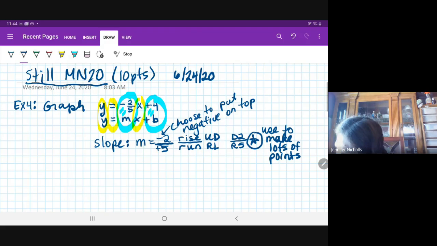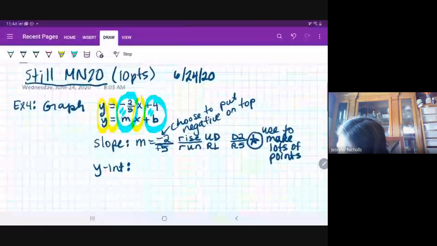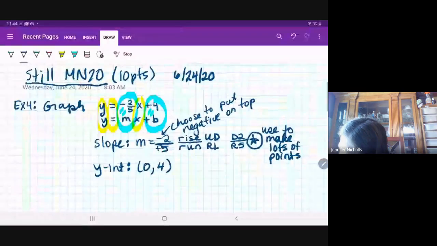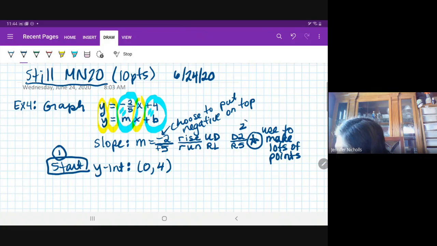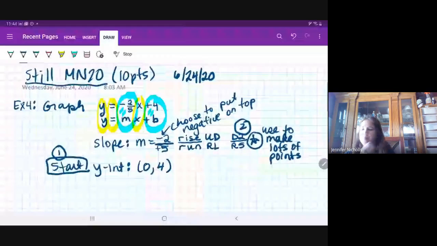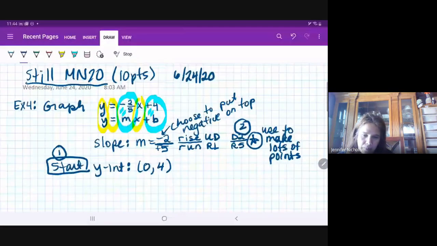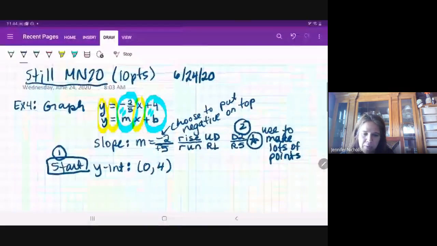Okay. So now the y-intercept is 0, 4. And then we're going to add the word start here. So this is step 1. And then this is going to be step 2 when you're graphing it.